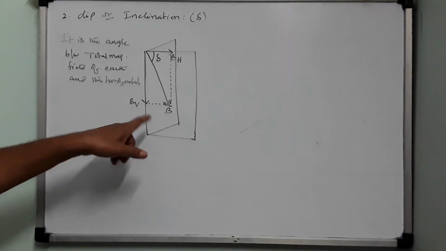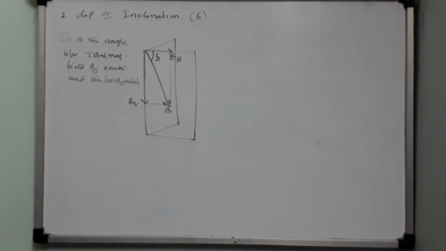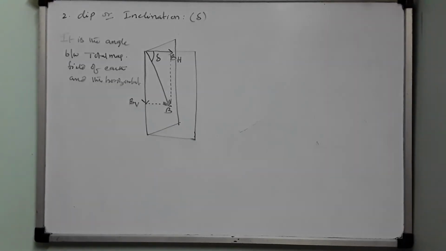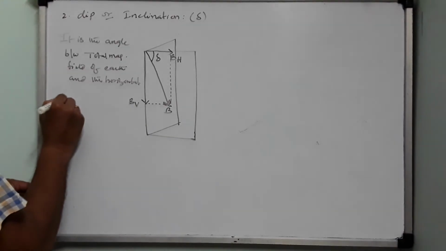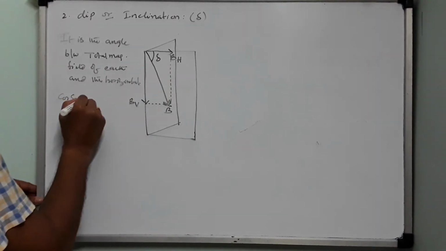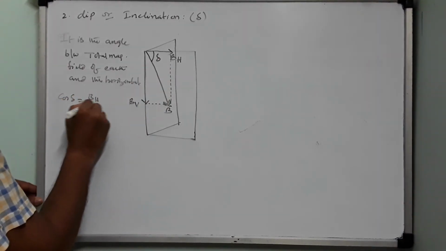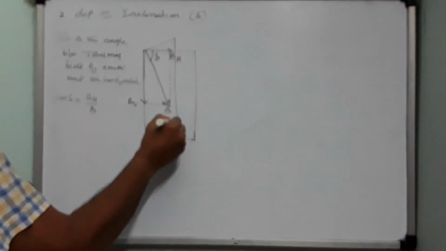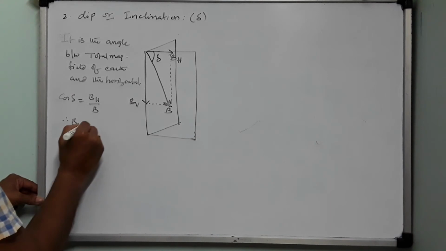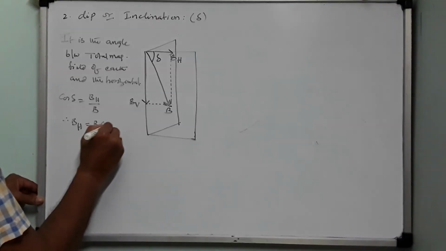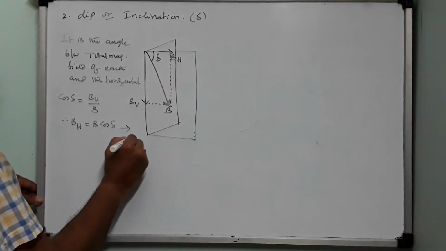So how do you express the total magnetic field in terms of its components? From the diagram you can see that cos delta equals adjacent by hypotenuse, BH by B. So therefore BH equals B cos delta. This is known as the horizontal component.